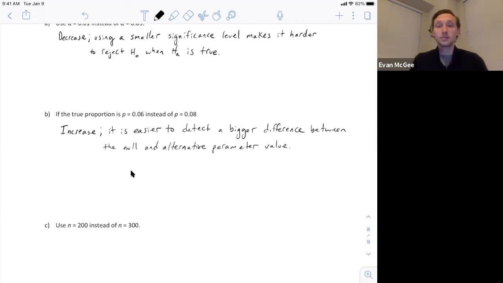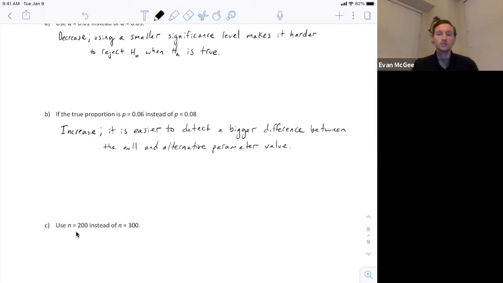Again, it'll be easier because the difference between the null and the alternative is increased. Think about it this way. If the true proportion is actually 6%, then you're a lot less likely to get a sample proportion that is close to 10. You're more likely to get one that is lower, closer to 0.06.